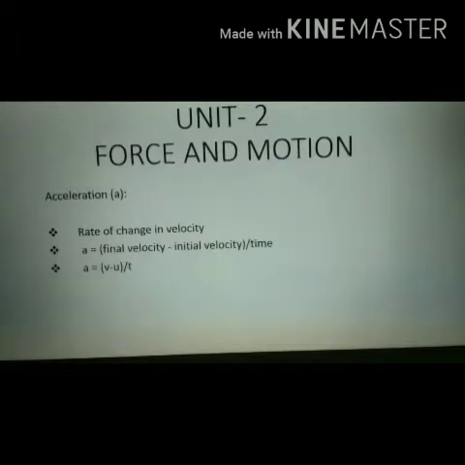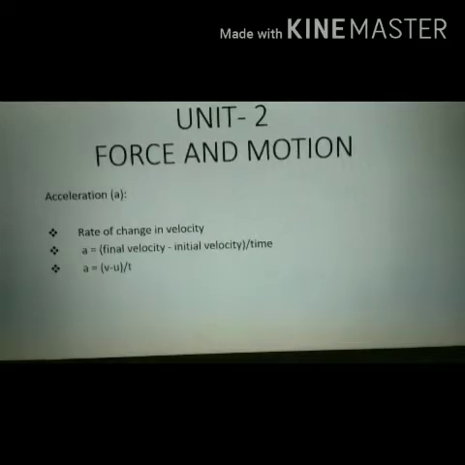Now, can you compare the terms distance and displacement? Distance is the total length while displacement is the shortest distance. Now, can you say the distance between your home and school? Yes, I think you all know the distance between your home and your school.